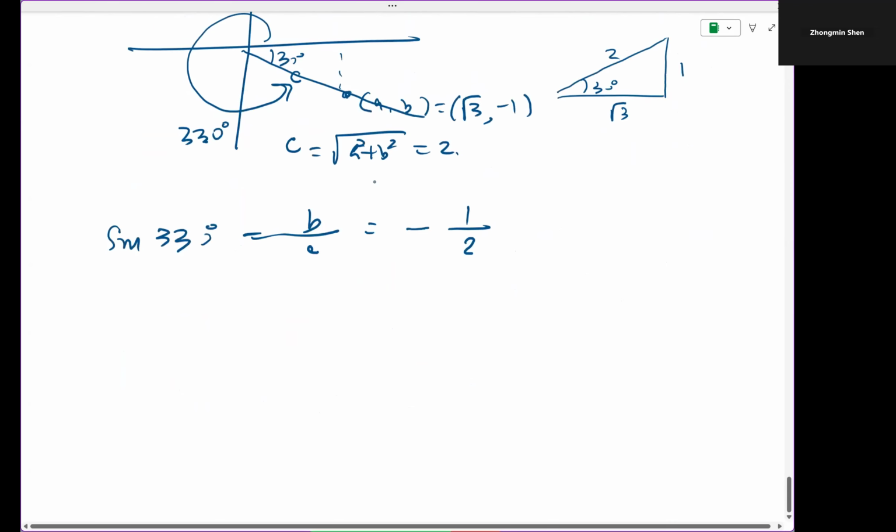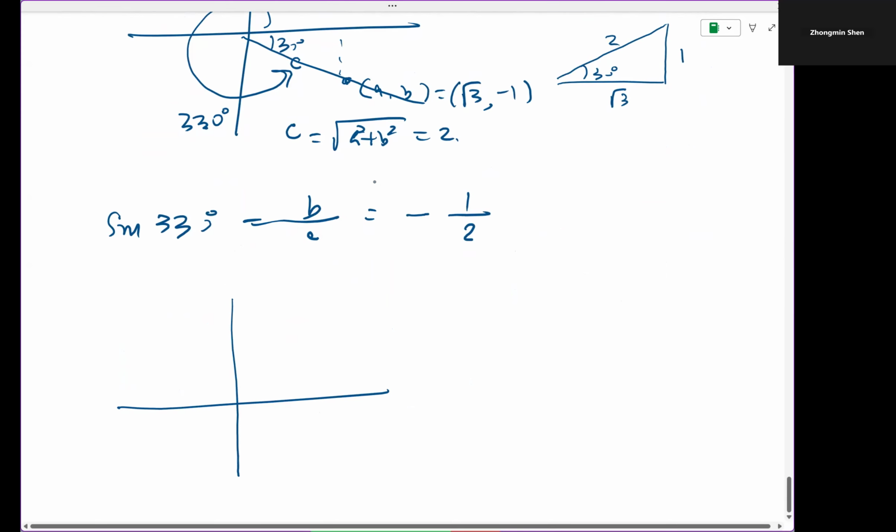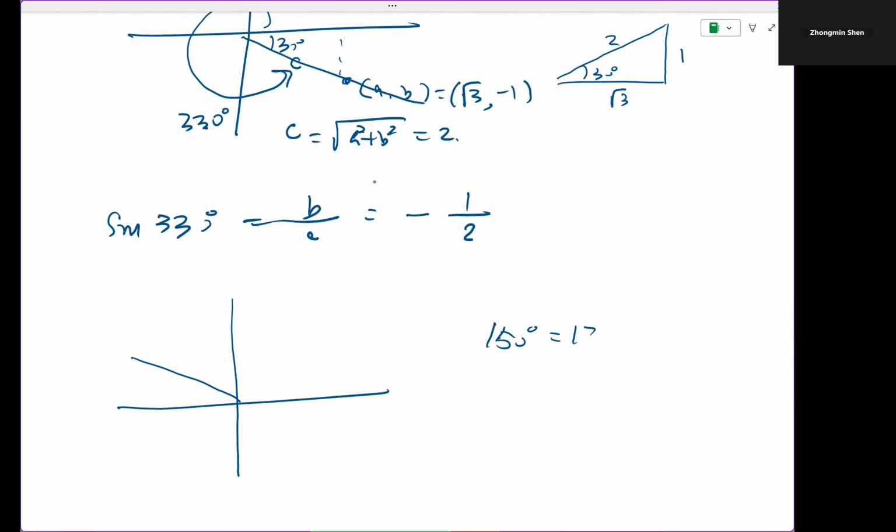Now 150 degrees. Where is 150 degrees? 150 is going to be 180 degrees minus 30 degrees. So this will be 30 degrees, and here is 150 degrees. It's similar. You choose a point. In this case, A is -square root of 3, B is 1, and C is still 2.